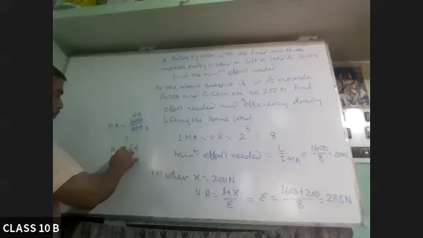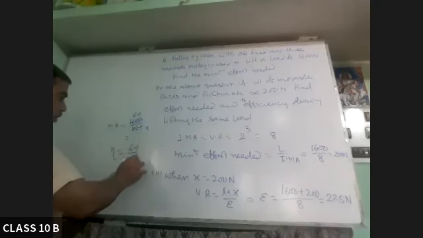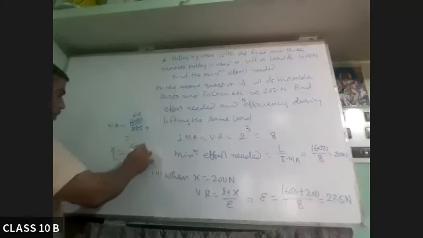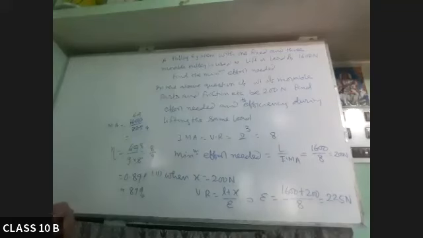And efficiency will be MA over VR, that is 64 over 9 into 8. So that is 8 by 9, or 89%.